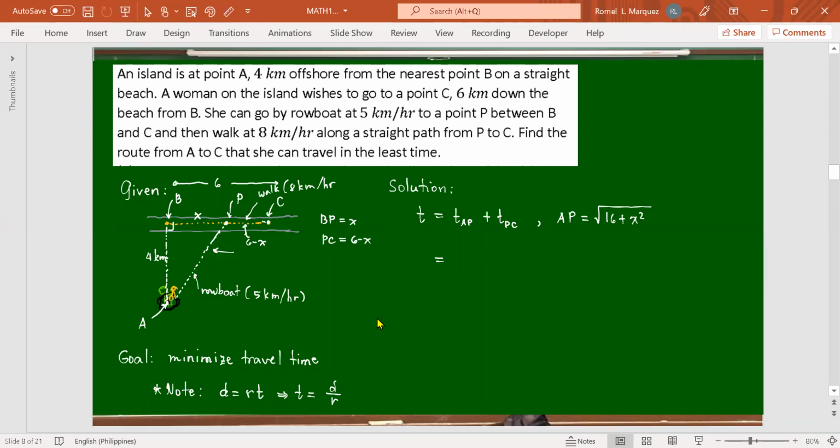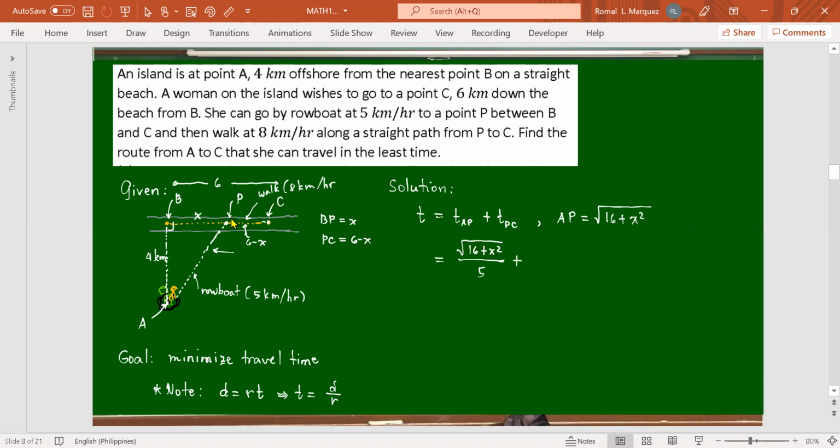What is the distance? From A to P is square root of 16 plus X squared over rate. What is the rate, children? From A going to P, 5 kilometers. Distance over rate, that is time.